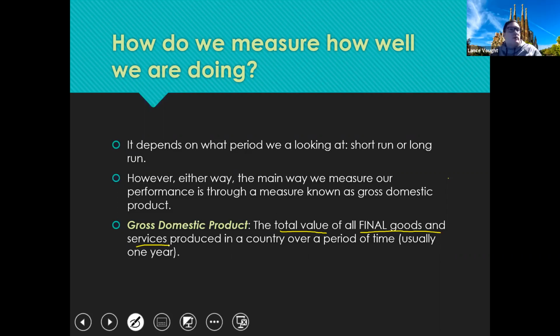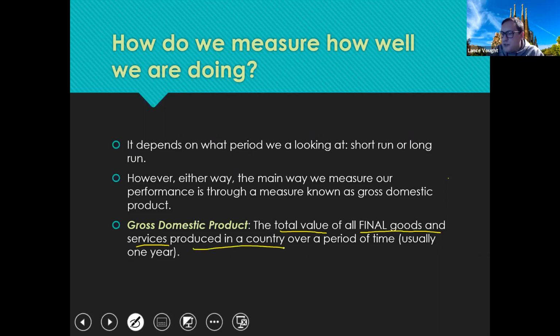So just like with wins above replacement in baseball, where it's just a number that summarizes a bunch of different stats shoehorned into this one statistic, GDP is similar in that regard. You have all of the stuff that's made, you value all the stuff that's made, and then you add it all together, and you have a number. That's why gross is total, because you're adding all those things together.